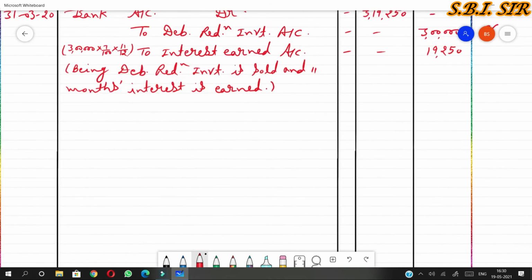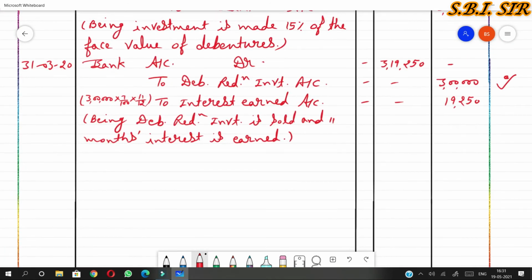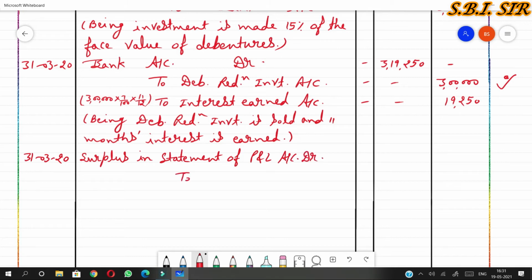So the entry will be, as on 31st March 2020, surplus in statement of P&L account, means profit and loss account, debit to debenture redemption reserve account. So 20 lakhs 25% means 5 lakh.